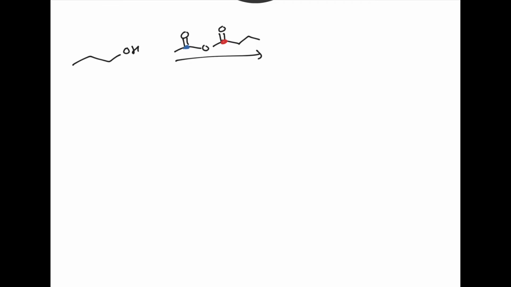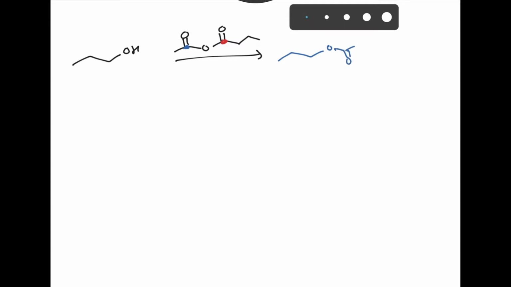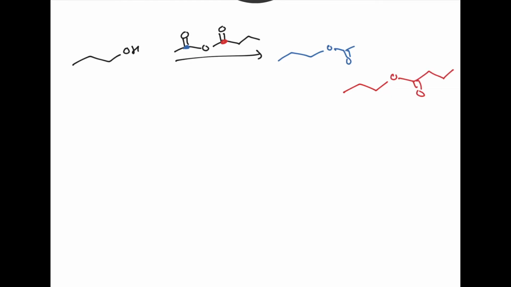They're pretty similar. So half the time, you're going to add to the blue dot, and the other half the time, you're going to add to the red dot, right? Not great, because what if you only wanted to make the red ester, and you're stuck making the blue ester half the time? Not great.